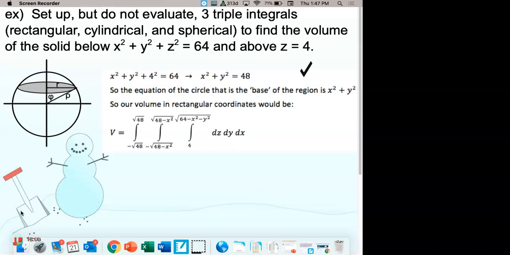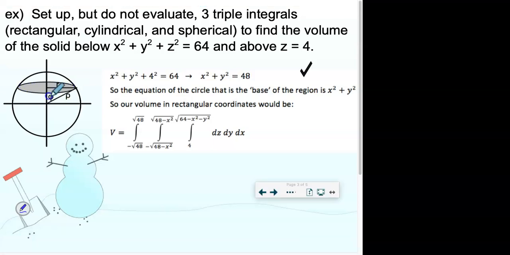So for cylindrical, z still goes from 4, but then this is going to be root 64 minus r squared, right? Okay, so that's our dz.